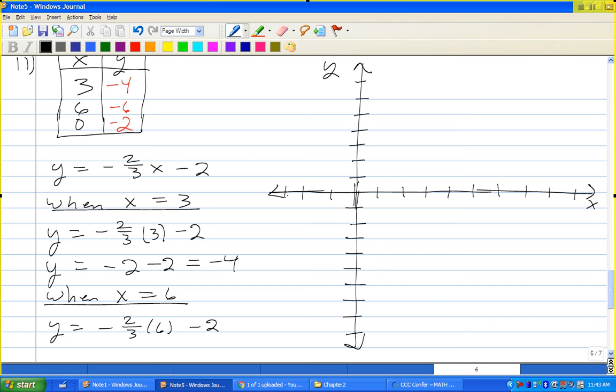Okay, so when x is 3, y is negative 4. When x is 6, y is negative 6. When x is 0, y is negative 2. So let's try to sketch the graph of this.